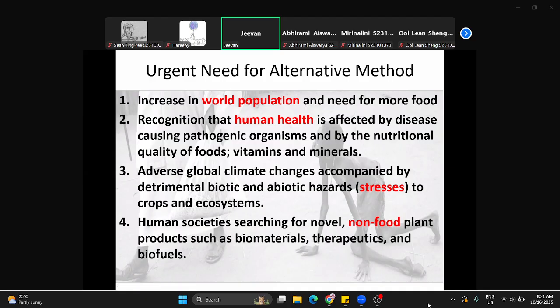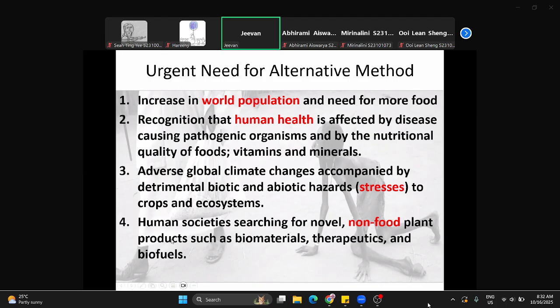An example is the changing of temperature and weather patterns, where we are bombarded with floods or dry seasons. Another example is pollution or acid rain. So all these are causing damage to both the biotic and abiotic components.